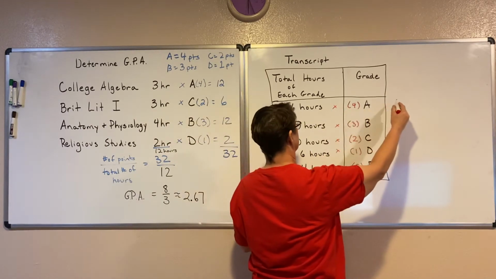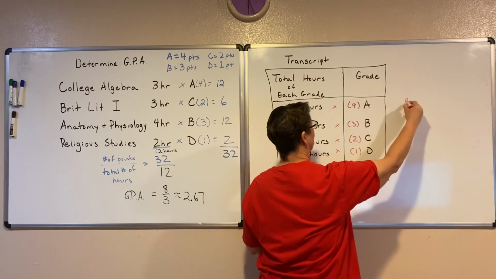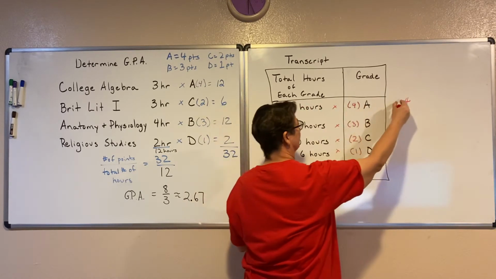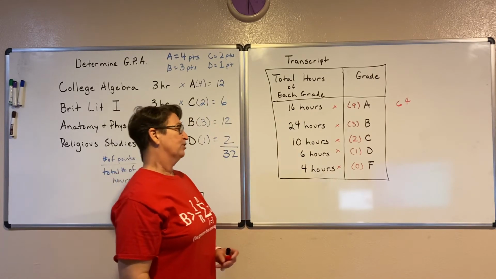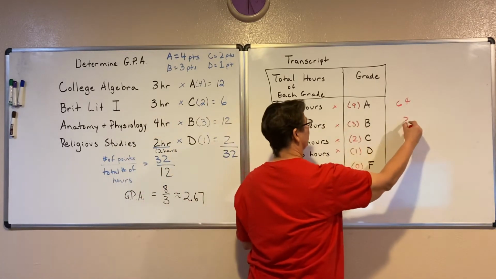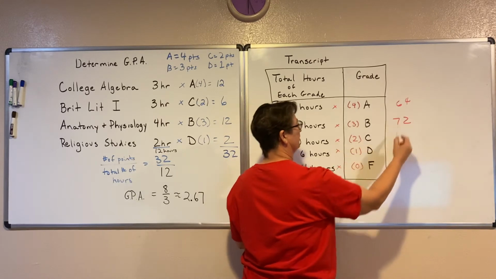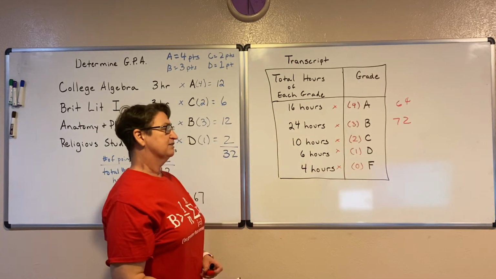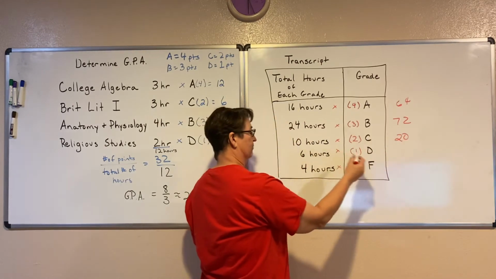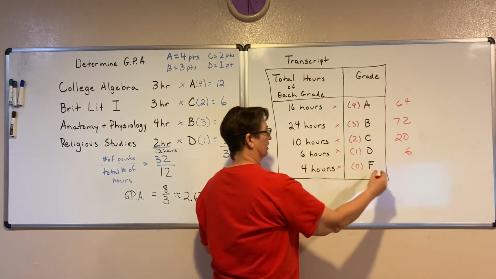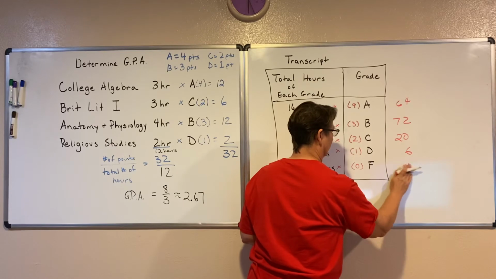So 16 times 4 gives me 64. 3 times 24 is 72. 10 times 2 is just 20. 1 times 6 is 6, and 0 times 4 is 0.